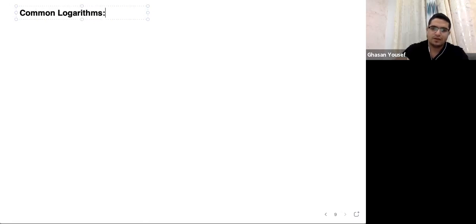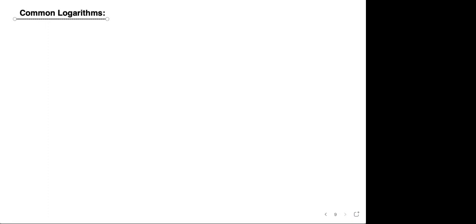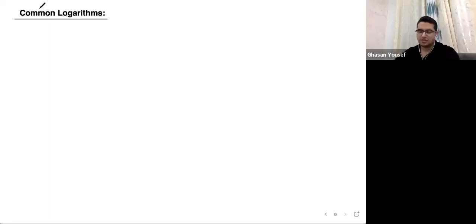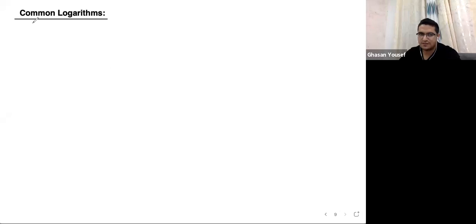Okay, now the common logarithm. Does anyone know what common logarithm means? Have you heard about this? Is it the natural log? Or log base 10? The natural log is different from the common logarithm.